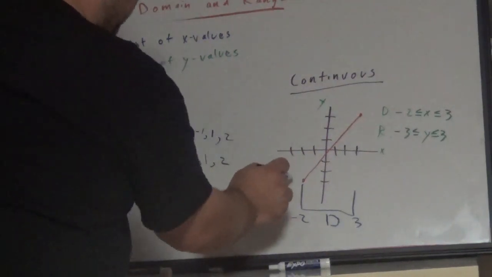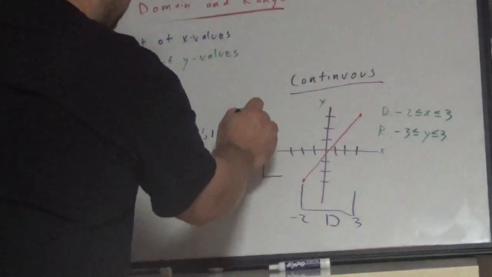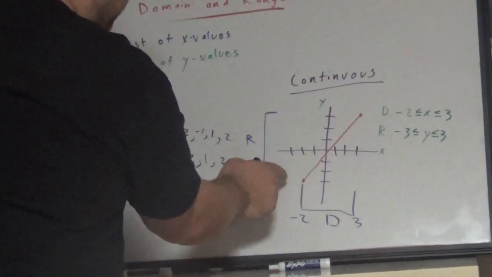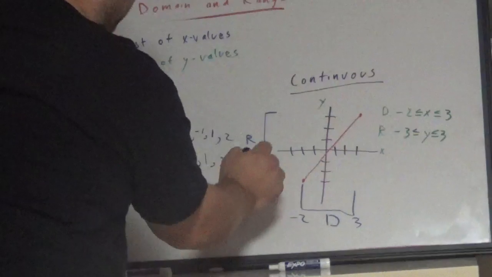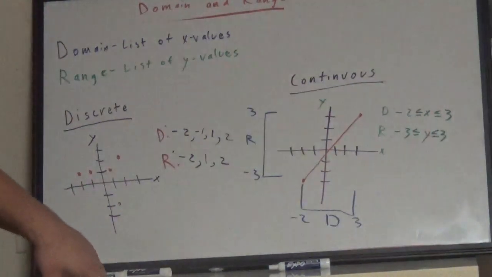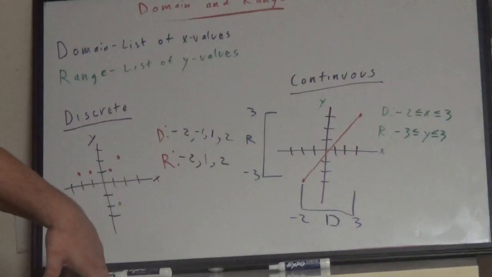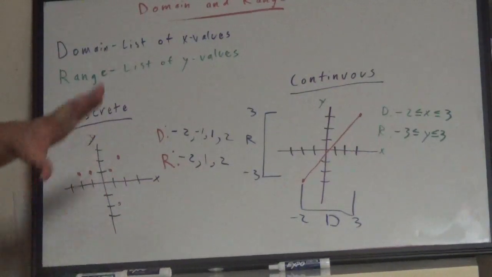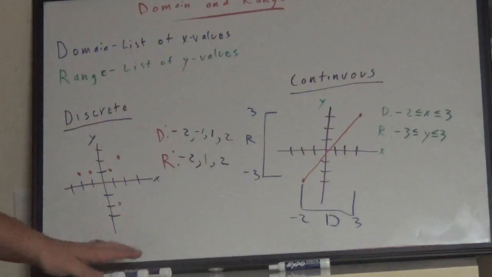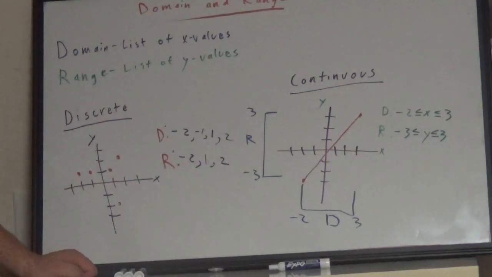Same thing for range. So here's our range, and it's starting at negative 3 and ending at positive 3. If you're a visual learner, it can help a little bit.